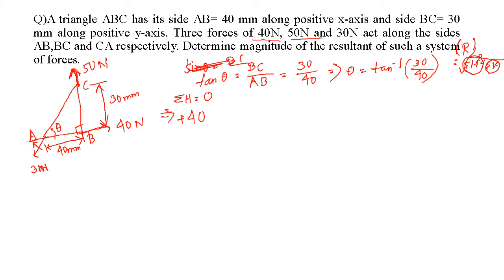If we are solving the problem, we are getting minus 30 into cos theta. Putting the value of theta here, we are getting the value of summation H, which is equal to 60 Newton.